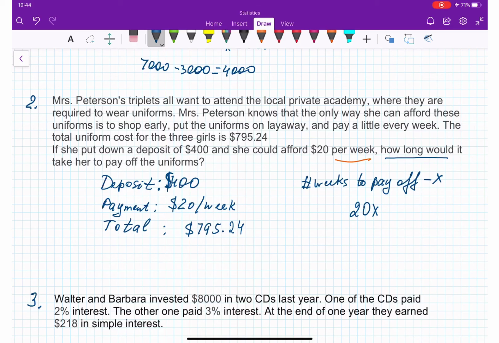Okay, and plus we have the deposit, $400. And that makes the total amount of dollars $795.24.